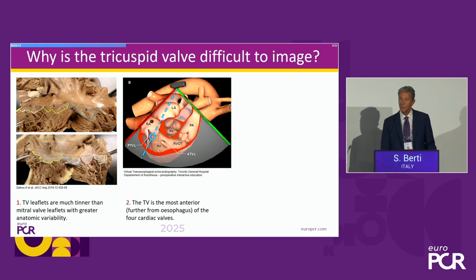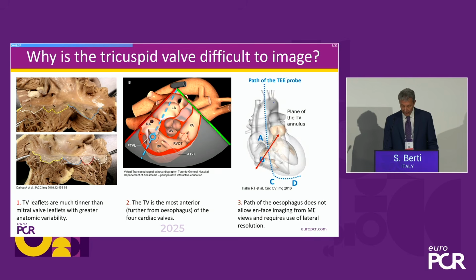Sometimes the mitral valve is bioprosthetic, calcified, or fibrotic, so the shadowing effect could be relevant. And finally, even though we make a lot of effort to have an en face view of the tricuspid valve from the transgastric window, it is usually not possible in all patients.